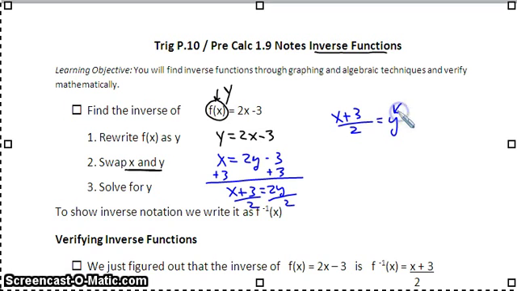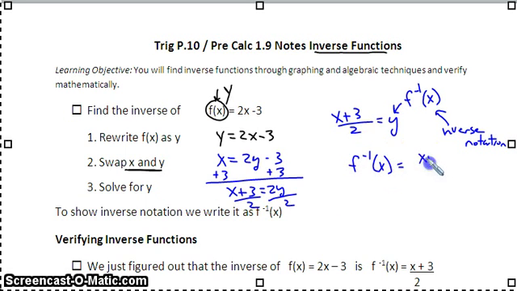We want to change it back to f of x. But we don't want to label it as f of x either, because it's not the f function, it's the inverse of the f function. So the way we show that notation is f raised to the negative 1 of x, and that is inverse notation. So we would really say that the inverse of f is equal to x plus 3 all divided by 2.